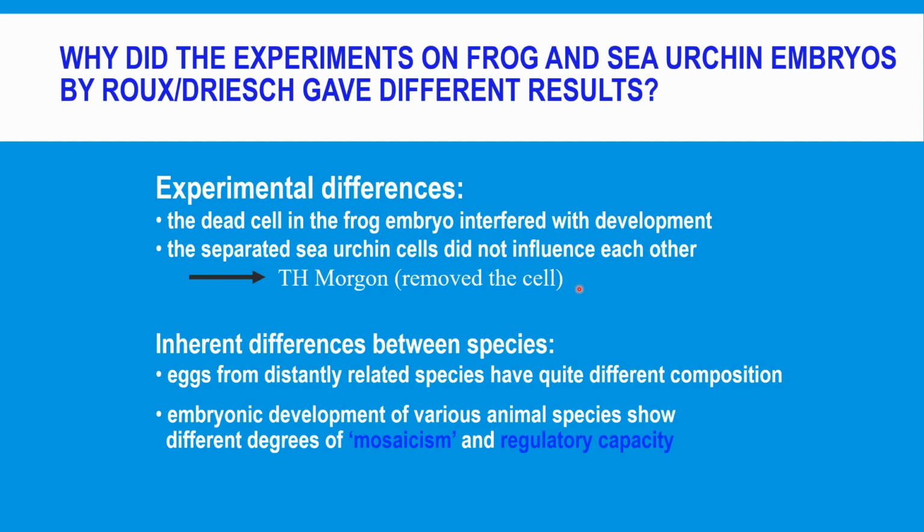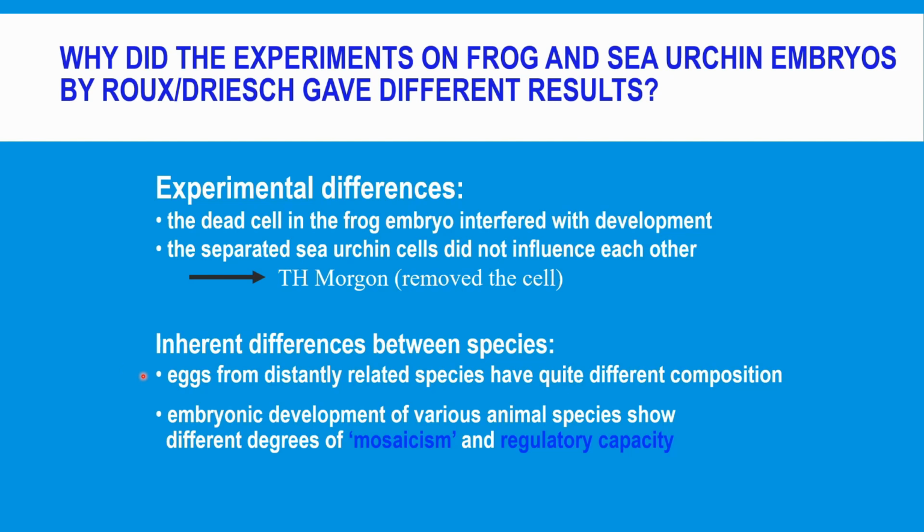He got a frog with half an embryo developed. So arguing that indeed there was mosaicism, but we could not argue against regulation in the case of the sea urchin egg. So then the conclusion is that there are inherent differences between the species, right?